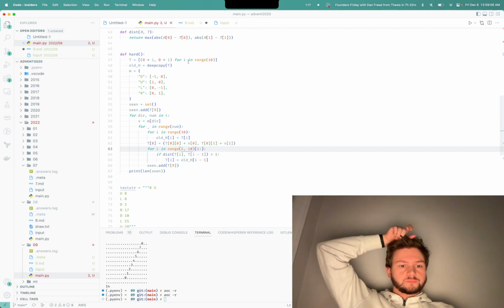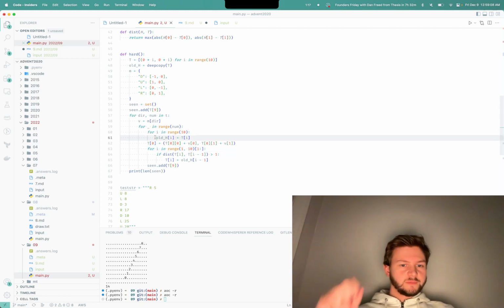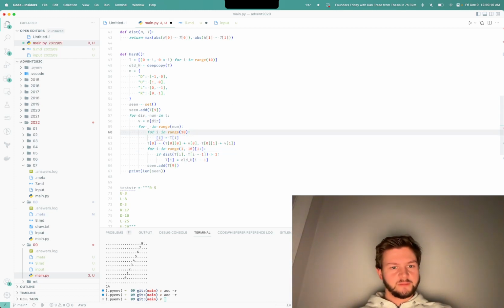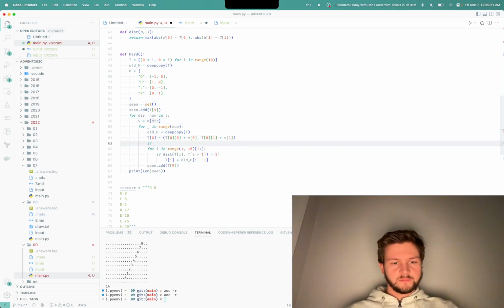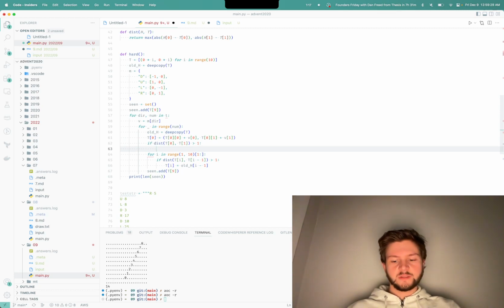So, old age is a deep clone of t, like here. And then we move t0. And if the distance of t0 and t1 is greater than 1, then t1 is old t0.